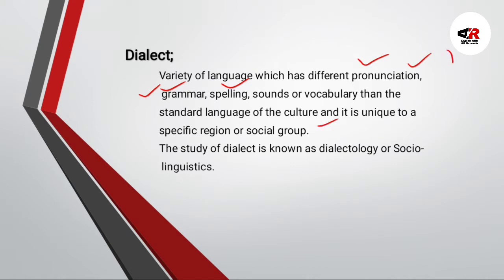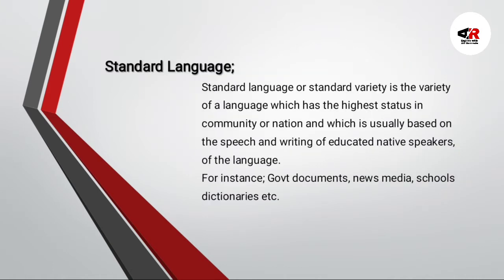That is called dialect. The second one is standard language. Standard language or standard variety is the variety of a language which has the highest status in a community or nation, and which is usually based on the speech and writing of educated native speakers of the language. For instance, standard language is used in government documents, news media, schools and dictionaries, even in books.